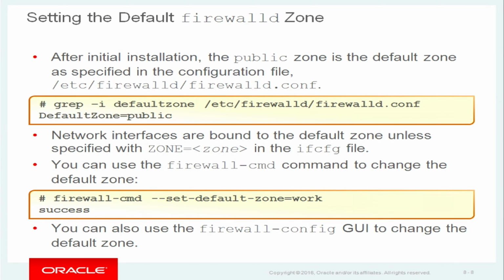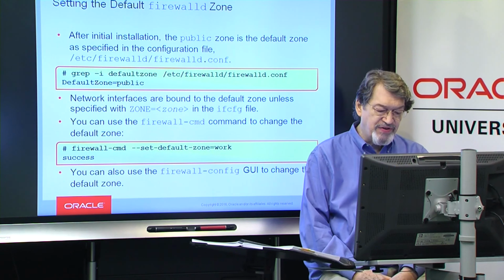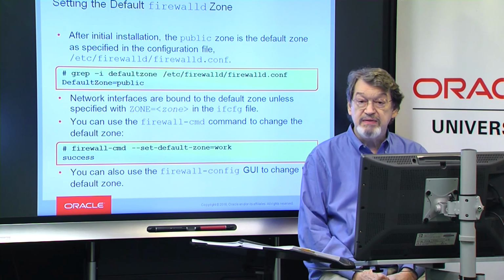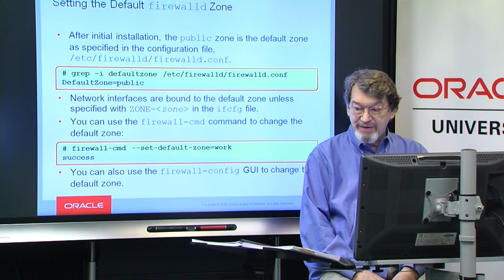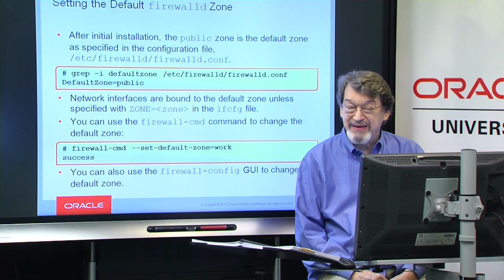There's also in the lab, in the practice, where you're going to use the firewall-config GUI, and you can actually go out and change the zone. You can change it in real time, or you can make the change permanent.